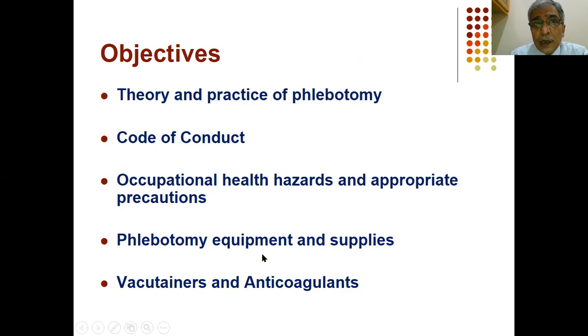What is the role of EDTA? What is the role of sodium citrate? What is the role of sodium fluoride? These are common questions which are asked in the viva, and you must keep in your mind that any sample taken in a wrong vial can lead to erroneous results.